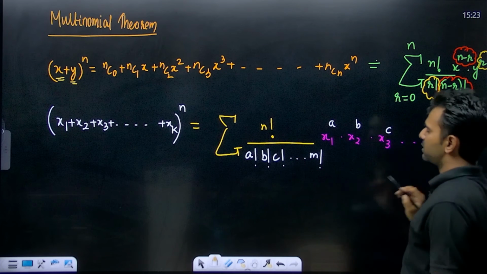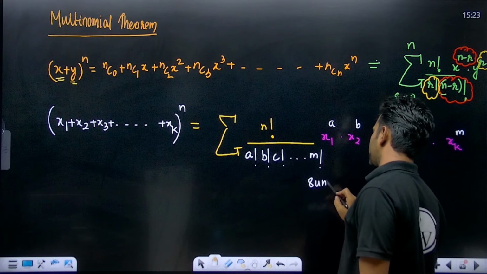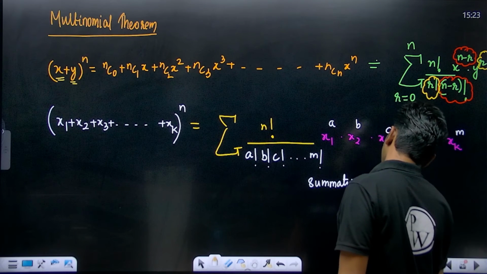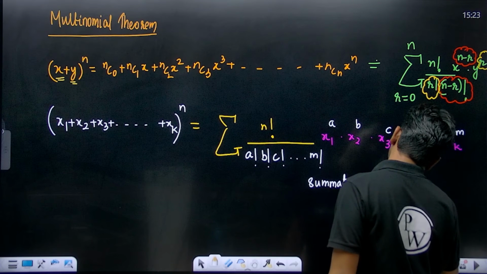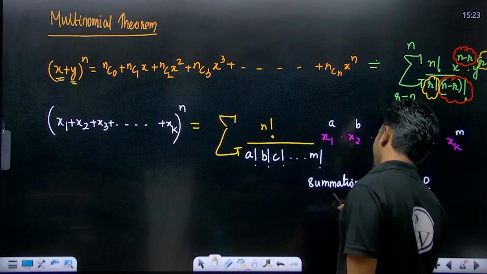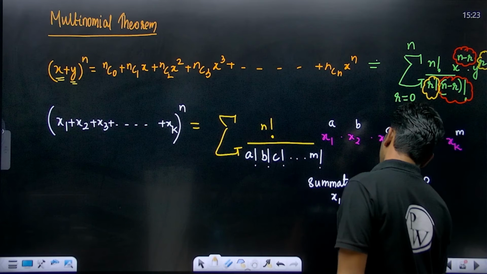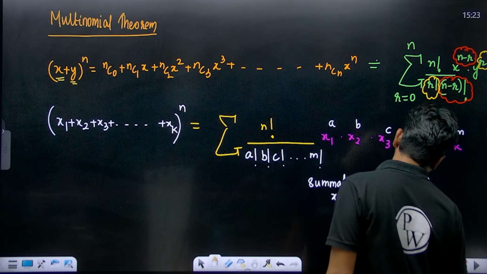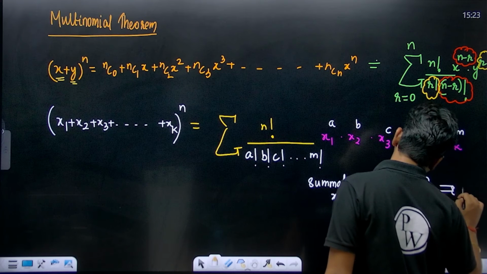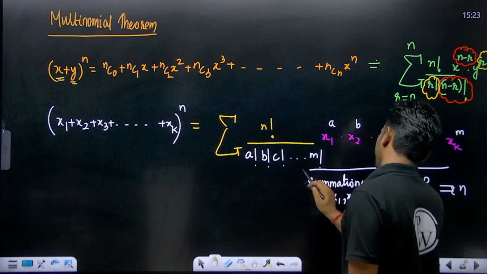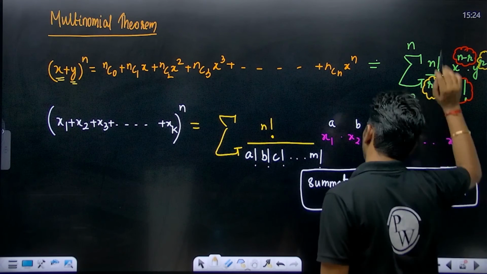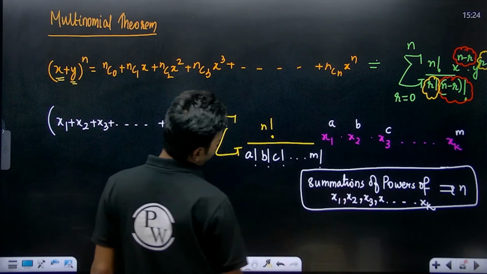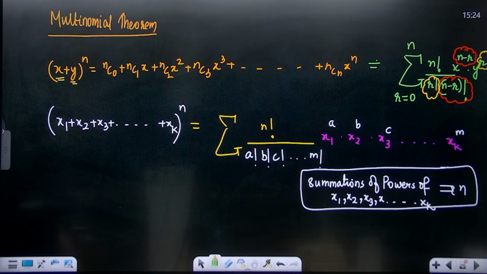And over here, the sum of the powers of x1, x2, x3, x4, and so on till xk is equal to nothing but n always, like over here. That's it. If you can understand this analogy, then I don't think there will be any difficulty at all, right?